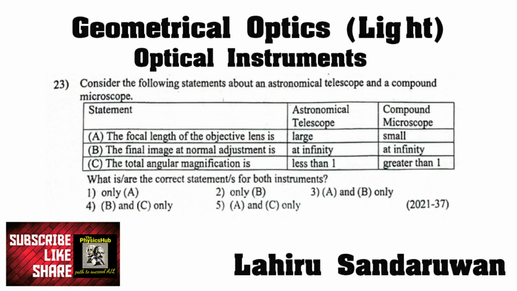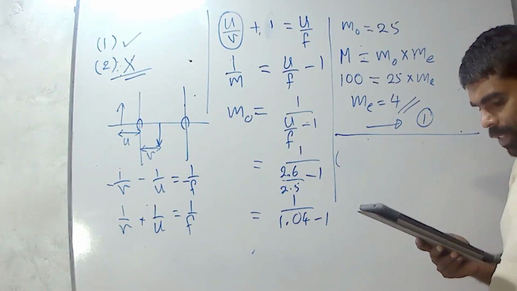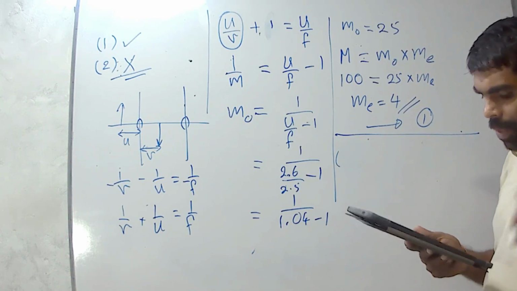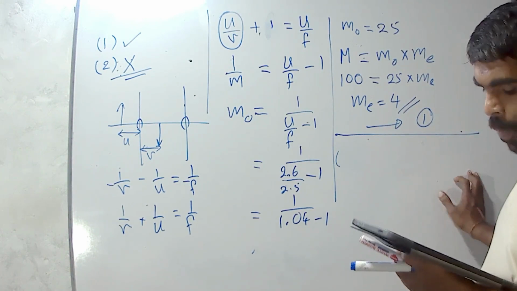Consider the following statements about an astronomical telescope and a compound microscope. Statement A. The focal length of the objective lens, astronomical telescope large, compound microscope is small. Now, is it false?